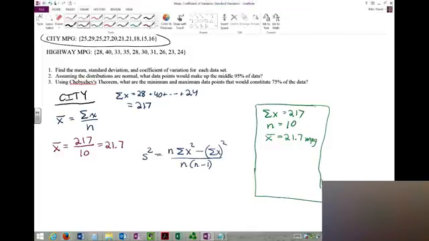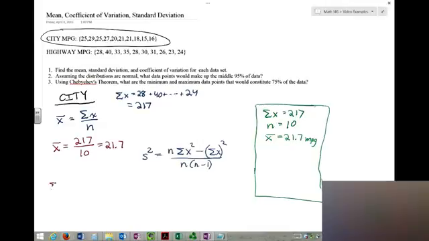When we find sigma x squared, that's going to be 25 squared plus 29 squared plus 25, so we're squaring all the data before adding them up, all the way up to 16 squared. So 625 and so on. If we add this all up together, we get 4,907.